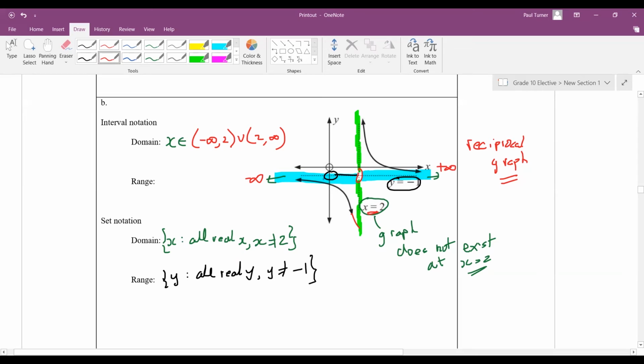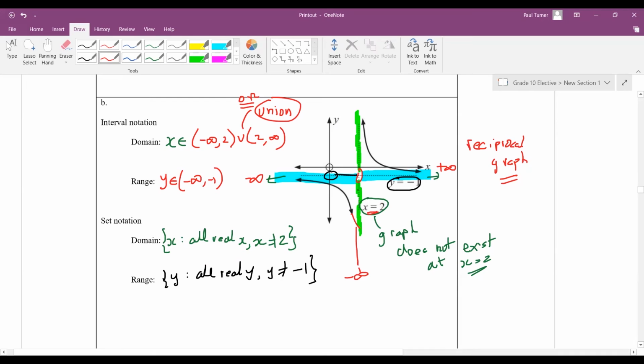So minus infinity to 2, union from set notation, or, that means or, 2 to infinity. And the range would be from minus infinity to -1. Come up. So I'm coming from this direction down here.